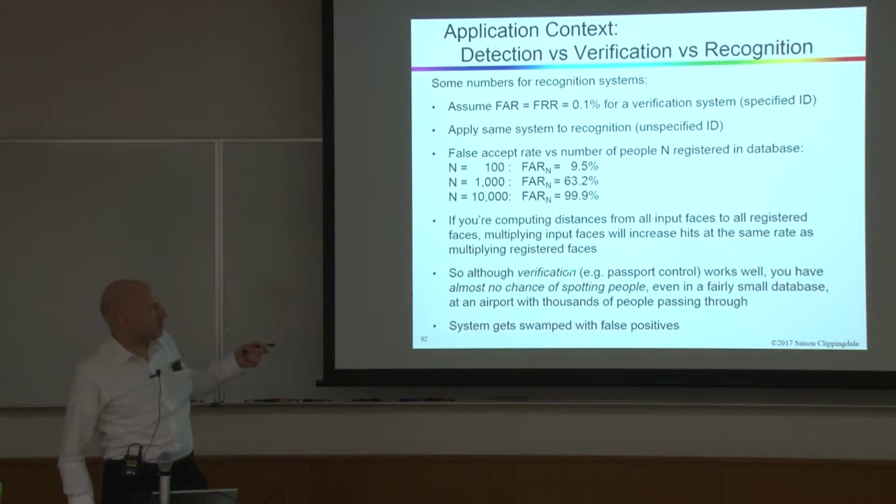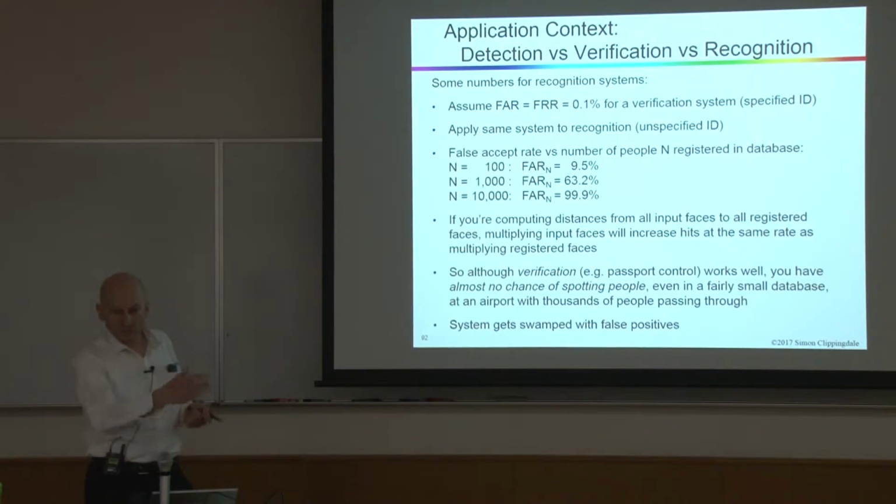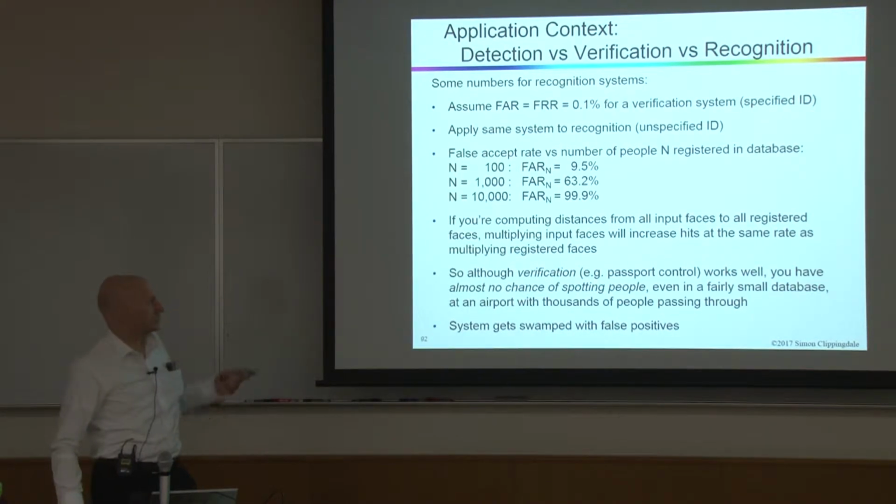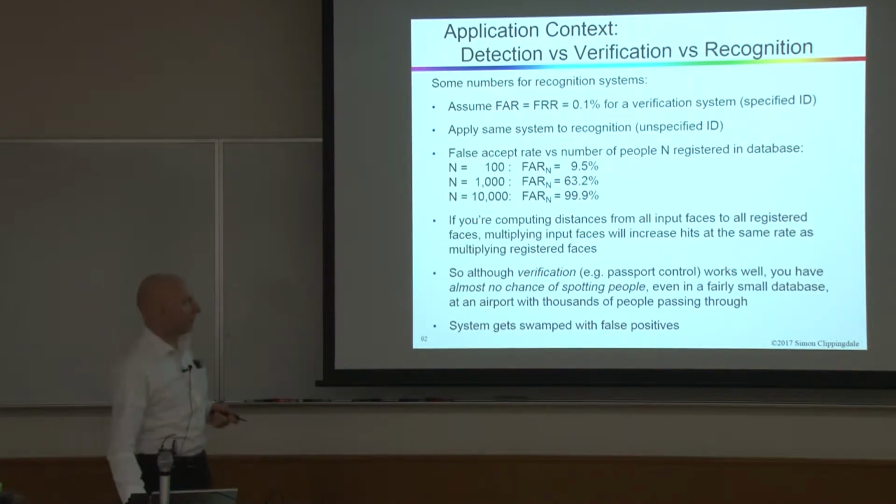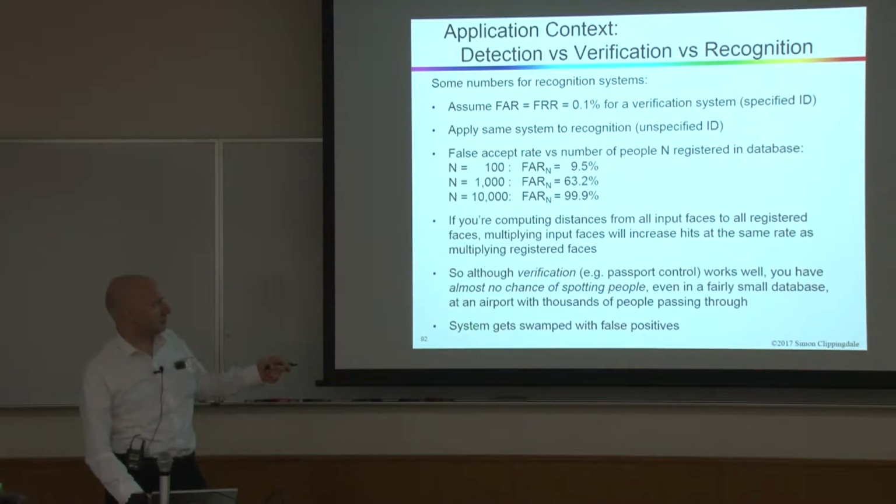So although verification, for example, at passport control, where you have person A's passport being compared with person A's face, or stored data, works pretty well because it's controlled conditions, one-to-one matching, you have almost no chance of spotting people, for example, passing through an airport, even with a fairly small database of people, because the system gets swamped with false positives because of this.